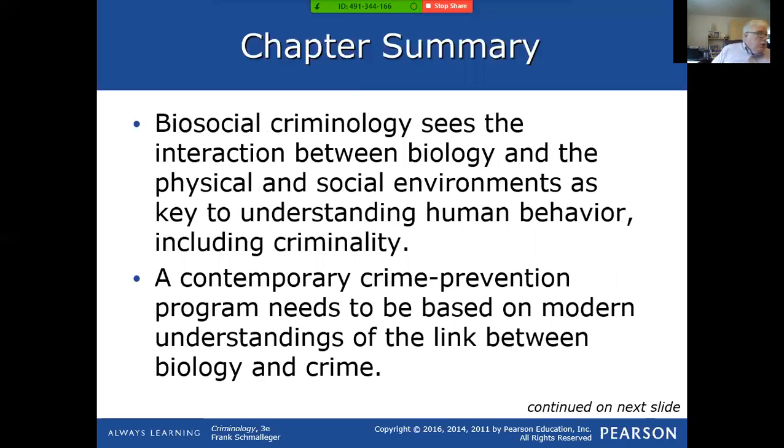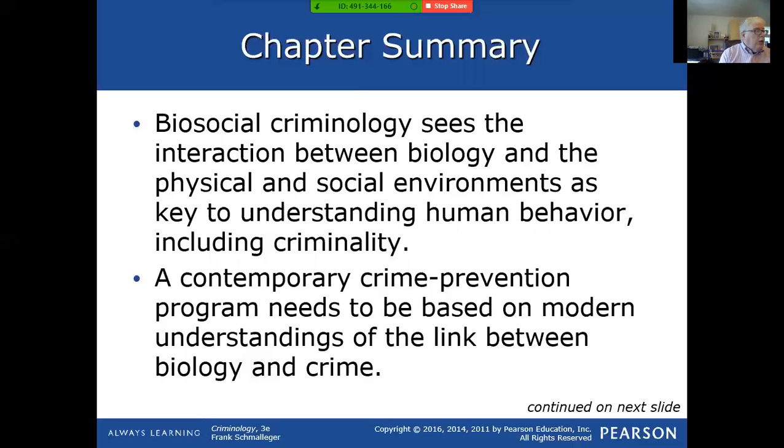Biosocial criminology, we looked at the interaction between biology and the physical and social environments as key to understanding human behavior, including criminality. So that's probably the key. We see these biological issues, we see psychiatric issues, which we'll study in the coming week, but there's an interplay between those and the social environment that the people are in. A contemporary crime prevention program needs to be based on modern understandings of the link between biology and crime.